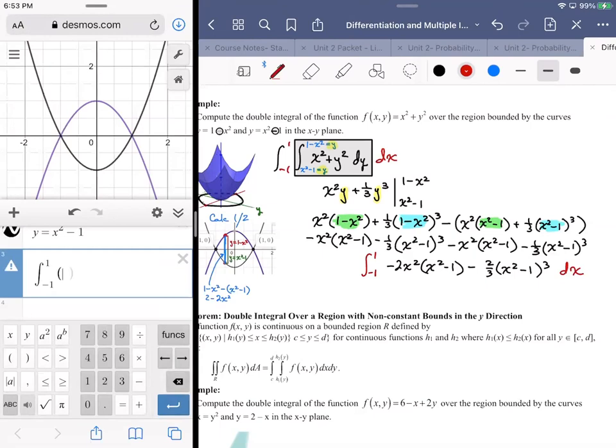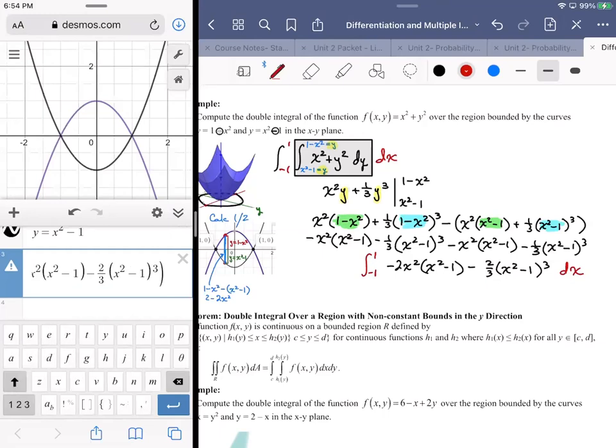So -2 x squared minus 1, close it up, minus 2/3 x squared minus 1 cubed, and dx. And so we get about 1.143.